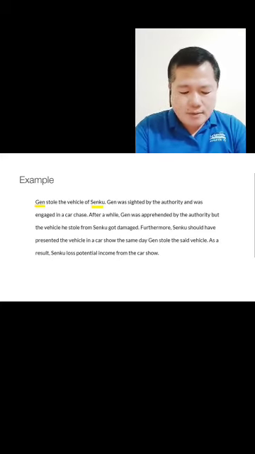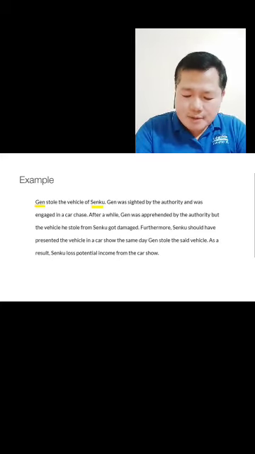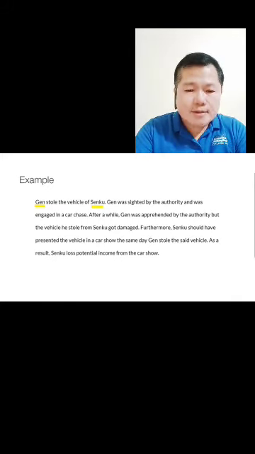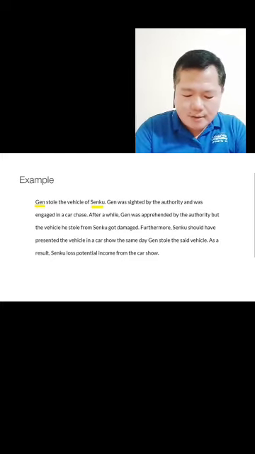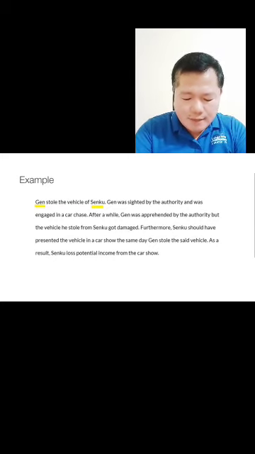So, what happened here? The car of Cinco was stolen. But the authority apprehended Gel, the one who stole the car of Cinco. But the car was damaged due to the intense car chase. It was also said the car should have been presented by Cinco in a car show on the same day, which supposedly gave him income but was lost since it was stolen.